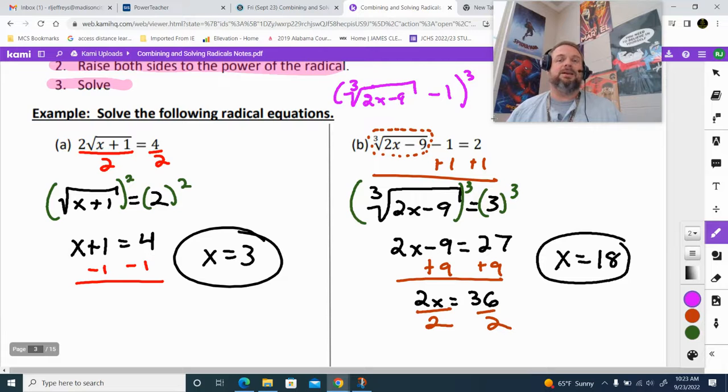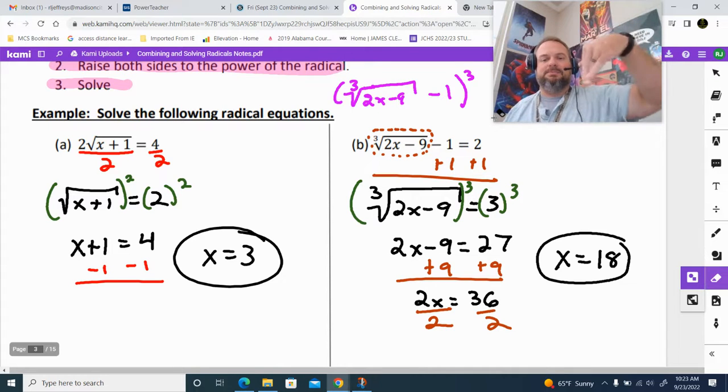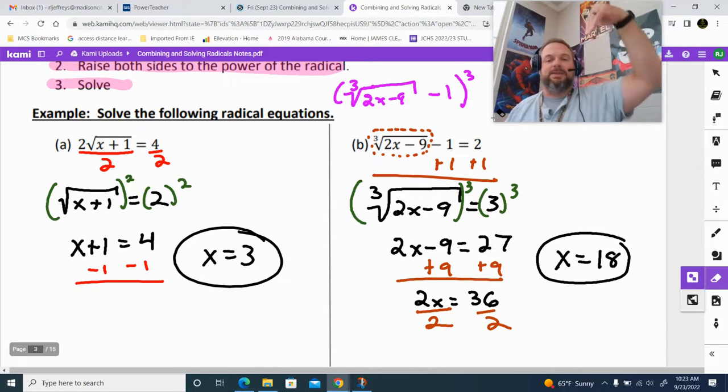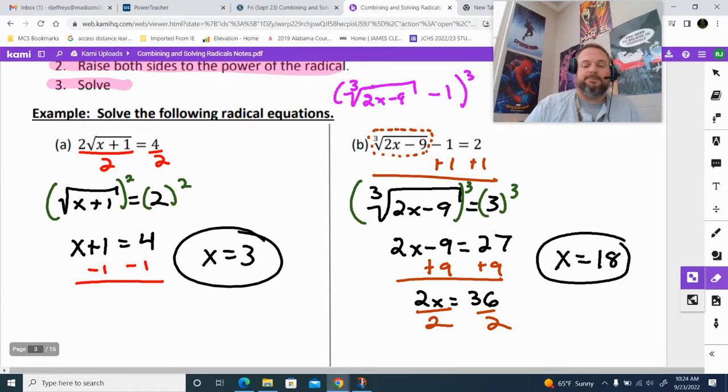That's why if you ever see me writing radicals, I do this little tail right here to let you know that, hey, when I write it out, not when I type it, that's the end, because I used to get confused on that all the time on problems like this. I would think the 1 is up underneath the house. It's not. It kind of groups what that radical is.